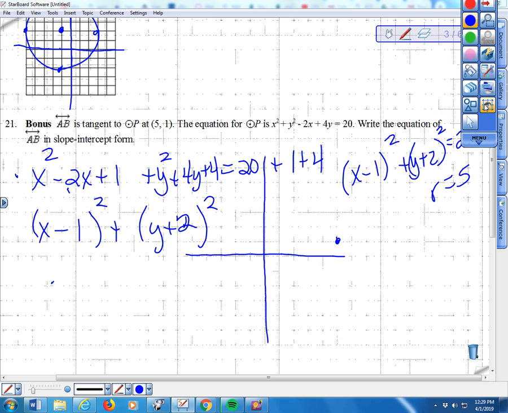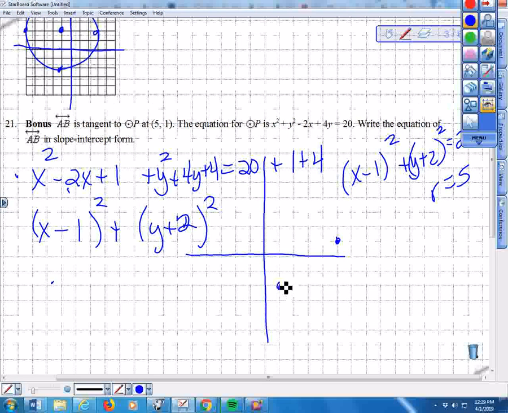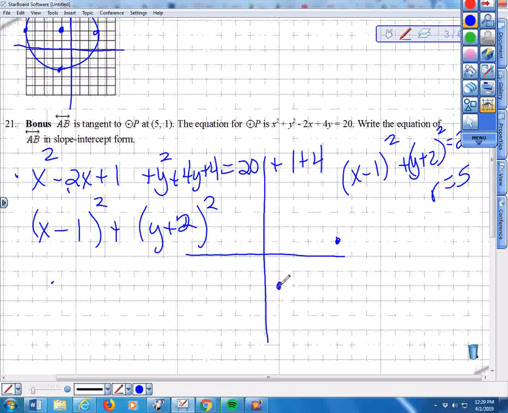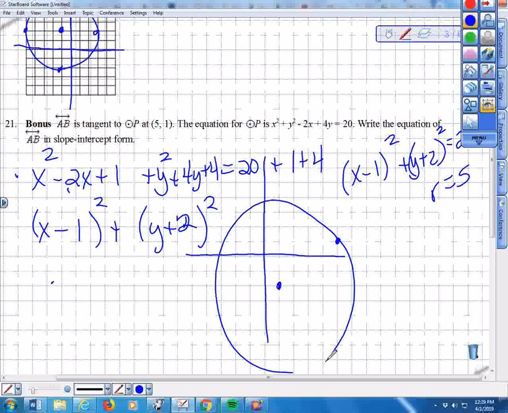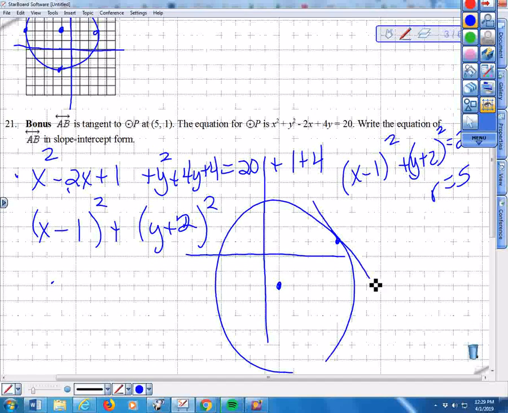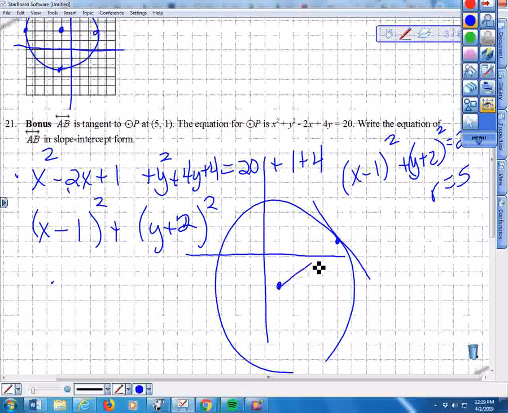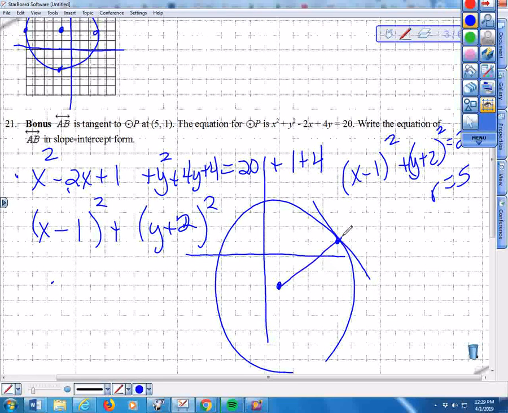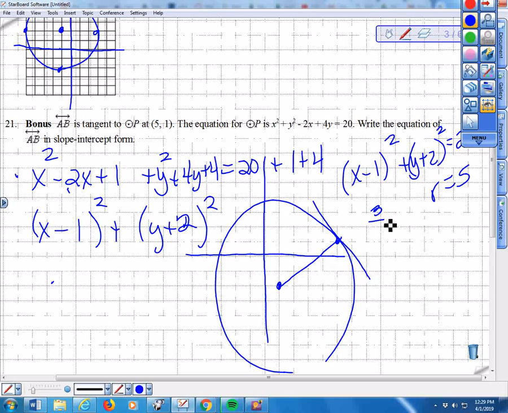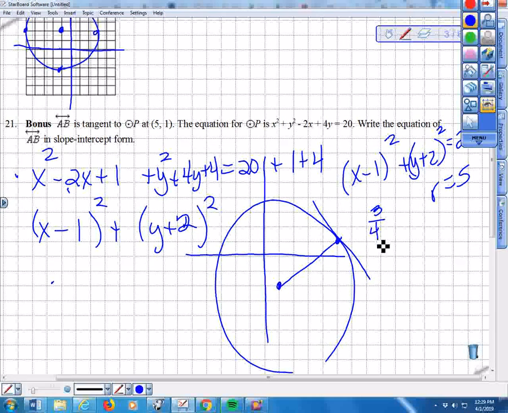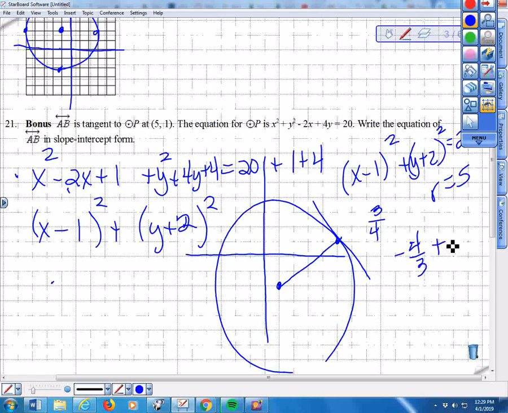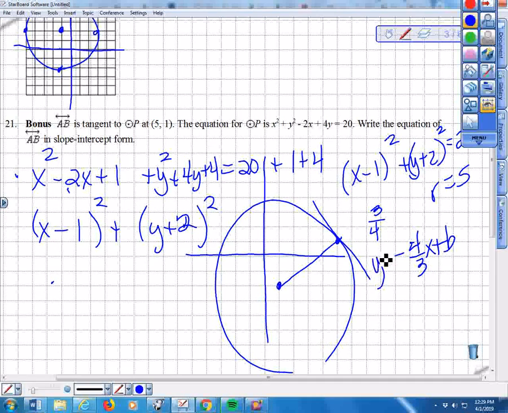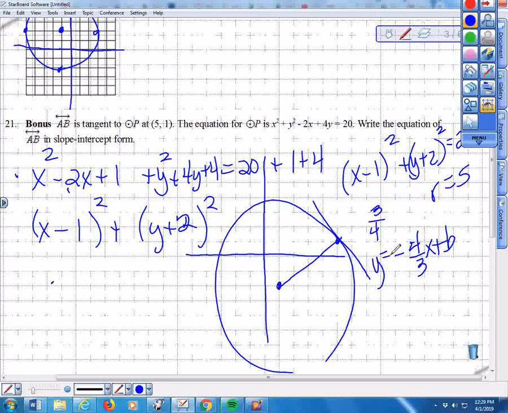There's my center. So this is the line. It's going to be something like that. And there's the line that's tangent. So I'm going to find the slope from here. 1, 2, 3, 1, 2, 3, 4. So the slope of this line is -4/3. Write it as an equation of a line.